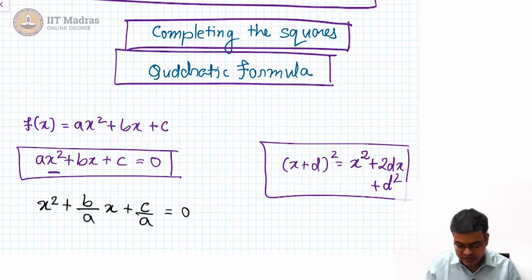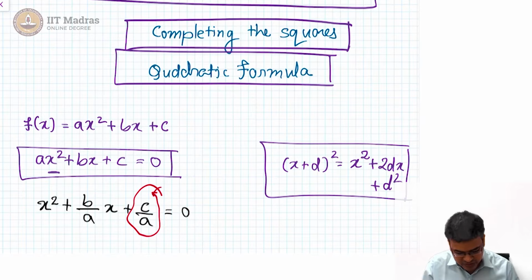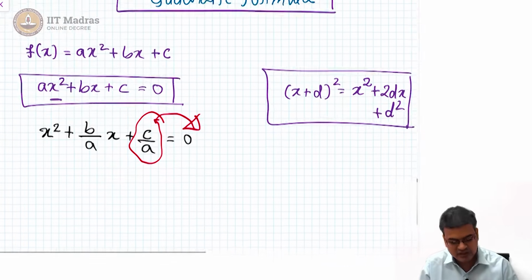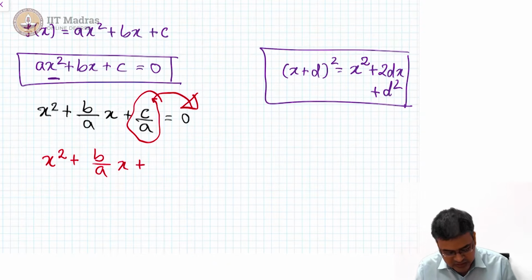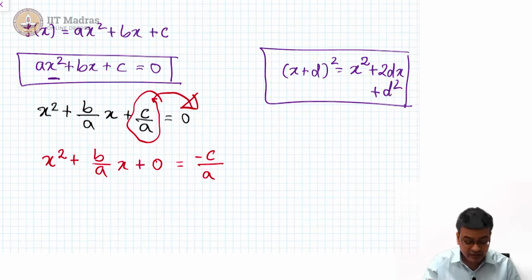What is the stumbling block for me? The stumbling block is this constant term. So let us put it on the other side. I will keep x square plus (b by a)x equal to minus c by a. Correct? This is the modus operandi that I will use.